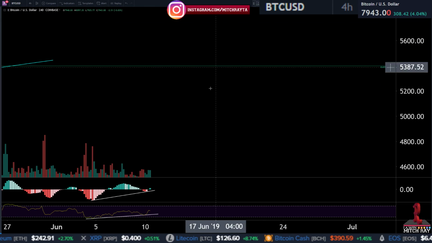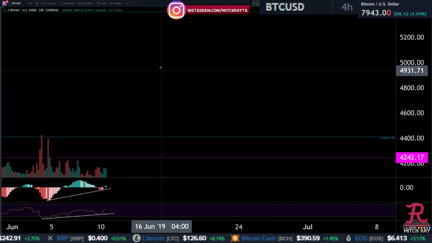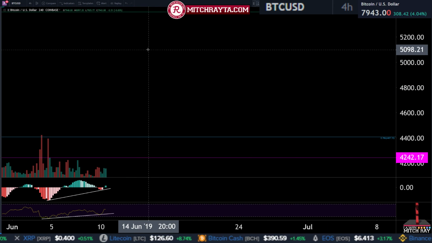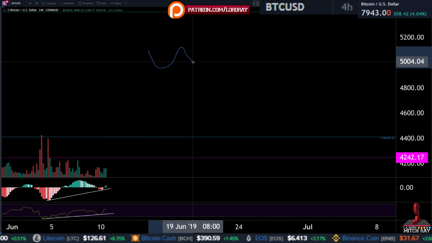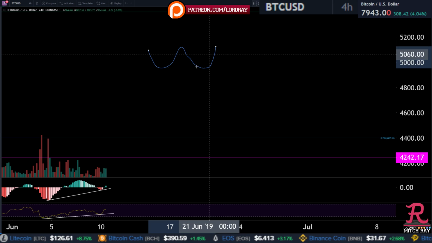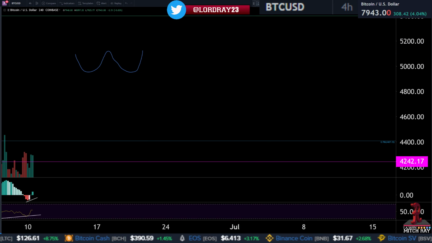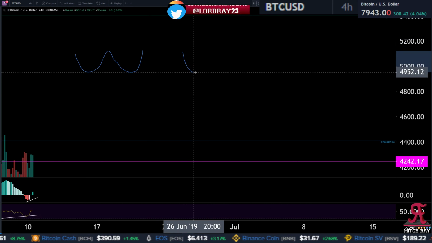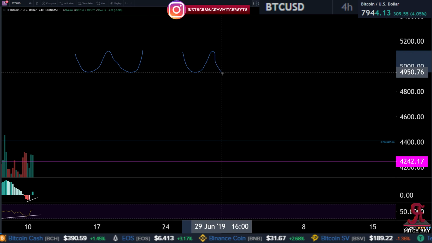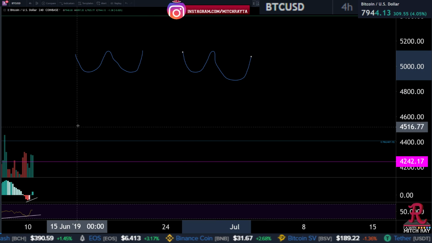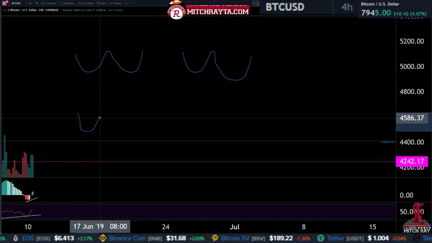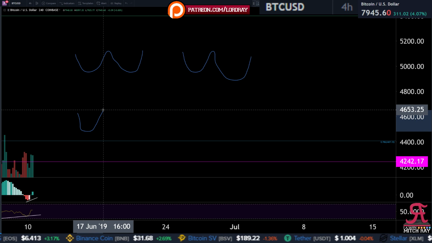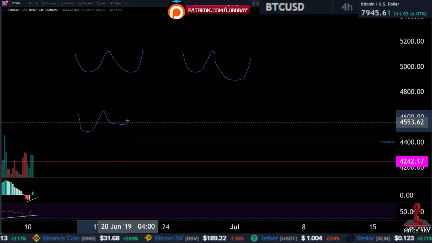Remember, with divergence, how does it work? You have to have a low on price, and then a lower low on price, and then your oscillator takes a big dip on that first price, and on the second low makes lower levels.